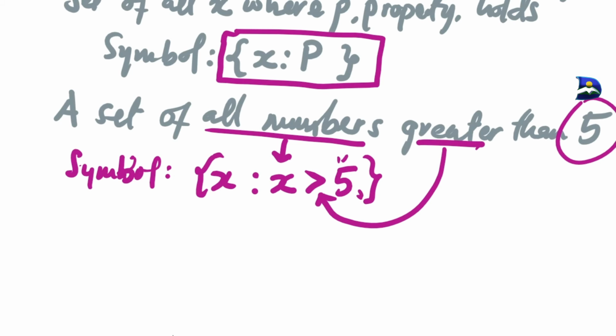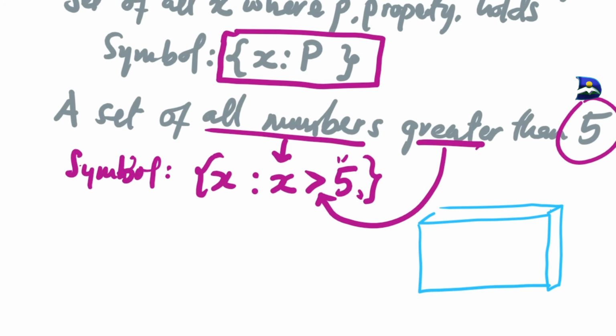Now, take note that if you want a drawing to express this in terms of visuals, I created this where we have this container which represents our set. Instead of writing 10, 20, 40, all you do is draw a straight line, and at the end of this line you have positive infinity.